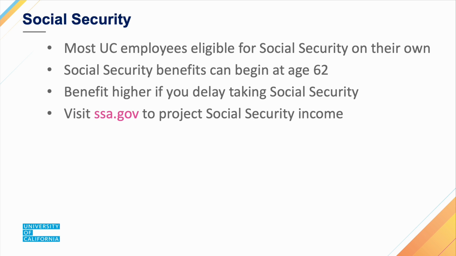But also through that site, you can model different scenarios: if you began drawing it as early as age 62, what the benefit would be, or if you waited until 65, or you waited until your Social Security normal retirement age, or even if you waited until age 70 to begin collecting, their system would allow you to model those numbers to see what the projected benefit would be.